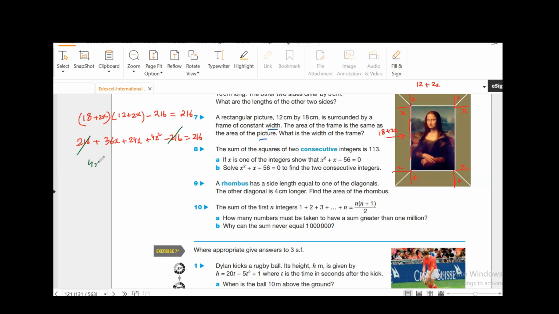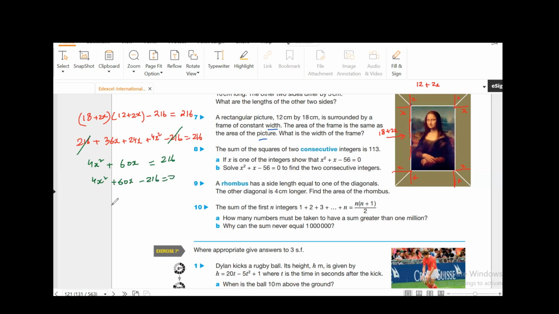We have 4x squared plus 36x plus 24x, which gives 60x, equal to 216. We will rearrange: 4x squared plus 60x minus 216 equals 0.